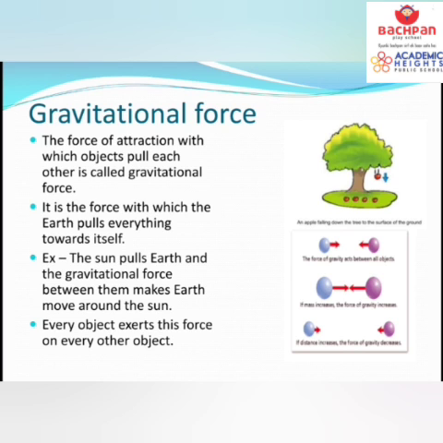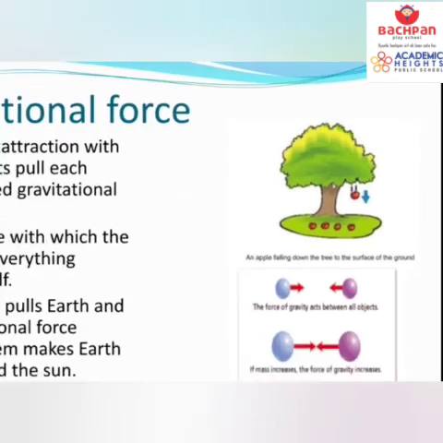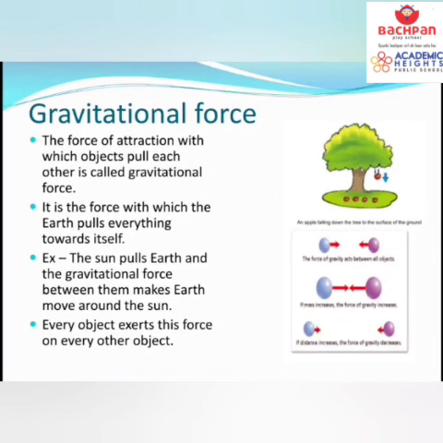So the force of attraction with which objects pull each other is called gravitational force. Now you can see this apple, it's falling down. This is due to the gravitational force. So it is the force with which earth pulls everything towards itself.